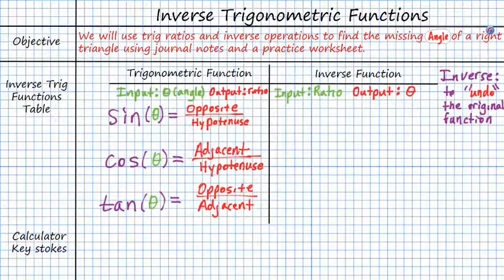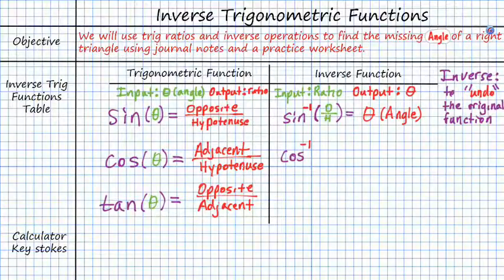The way that we denote an inverse function is that we write sine, but now sine -1, right? So this is the inverse sine function. An inverse sine takes some ratio as its input, an opposite over hypotenuse, and my output is going to be my theta, which is associated with that.